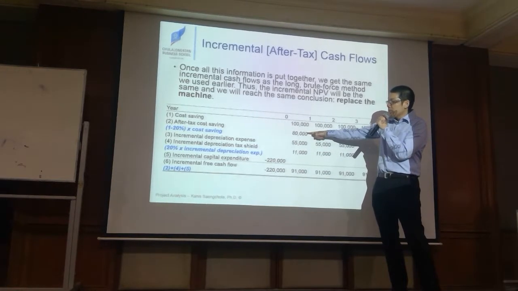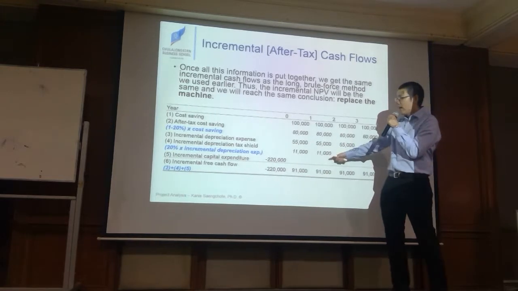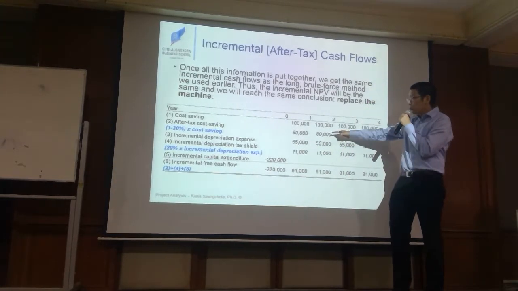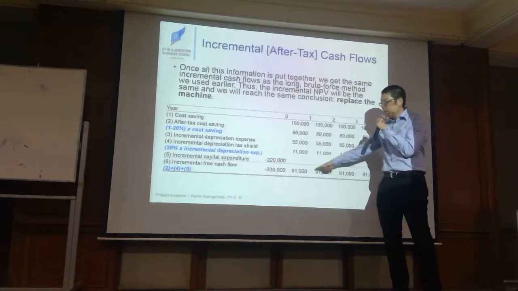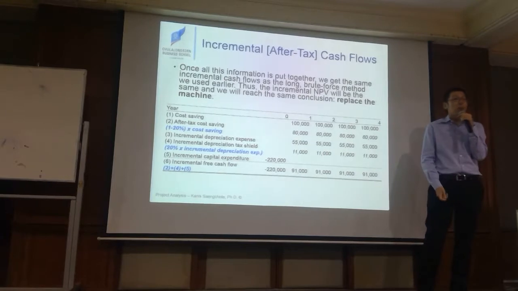Take line 2, take line 4, and then line 5, the net cost of investment, 220,000. Line 2 plus line 4 plus line 5 gets to this line. Okay, exactly the same line as what we wanted before. We get exactly the same numbers without going through two big tables.